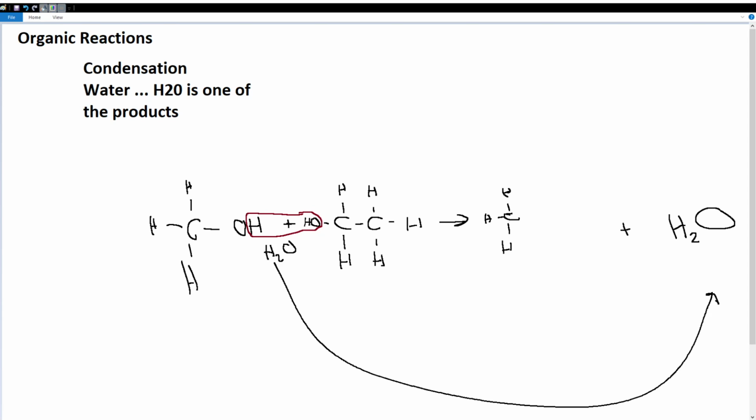So in this case, you would have an oxygen there, and so in this case, you're making an ether here. And an ether is just 2 hydrocarbons brought together by an oxygen. So you would have H2O as a product and an ether as another.